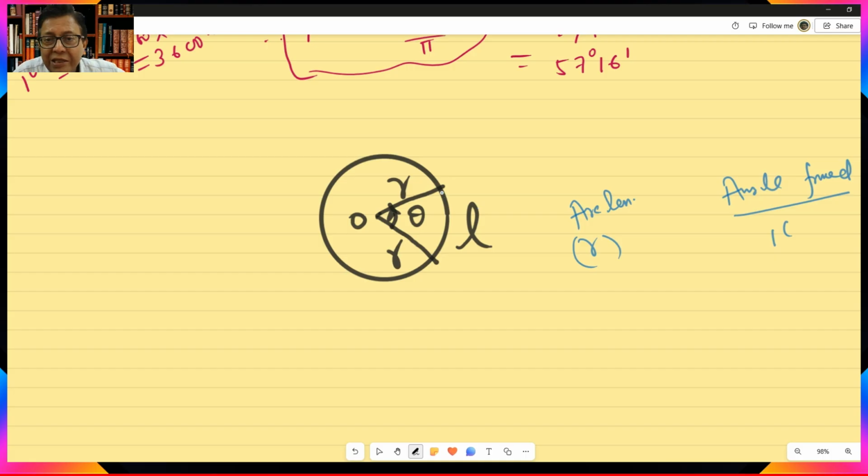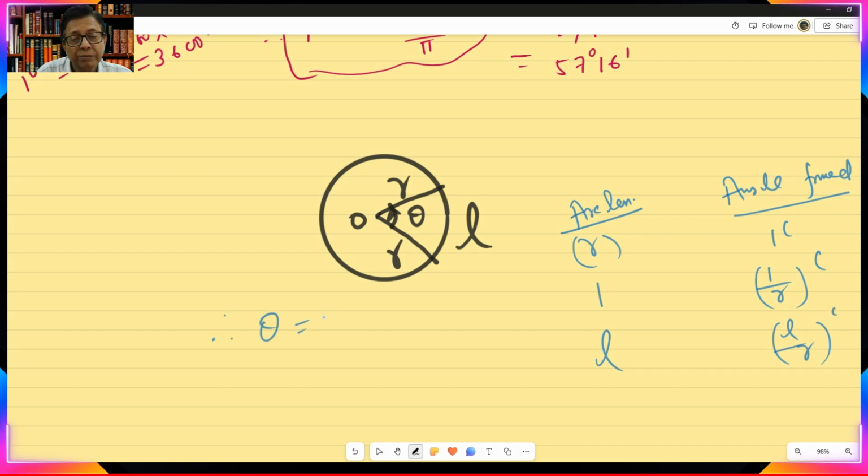So if we have taken arc length 1, this will be 1 by r radian. If I have taken arc length L, this will be L by r radian. Therefore, theta equal to L by r.